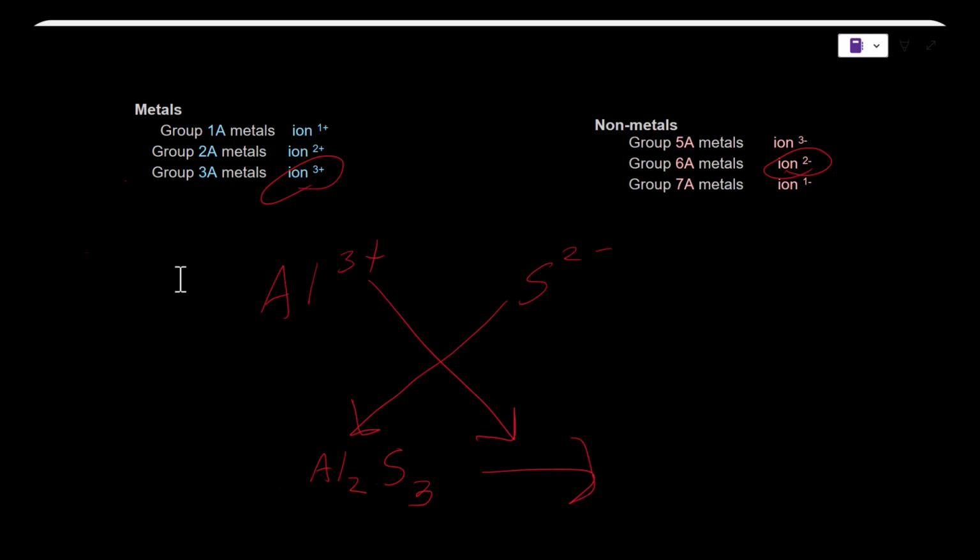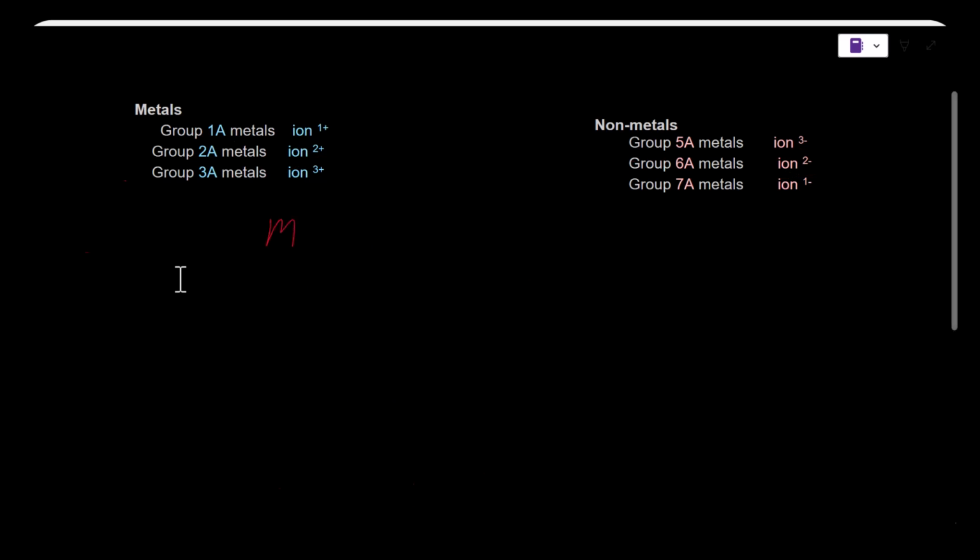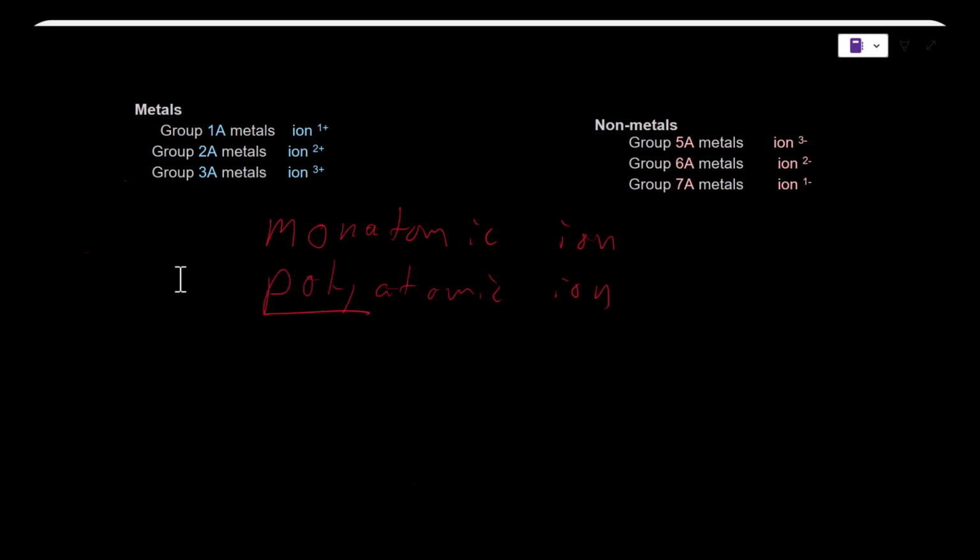This would give us aluminum sulfide, Al2S3. These are what is called monoatomic ions. When there are ions of more than one atom, they're called polyatomic. Poly meaning more than one, mono meaning one.